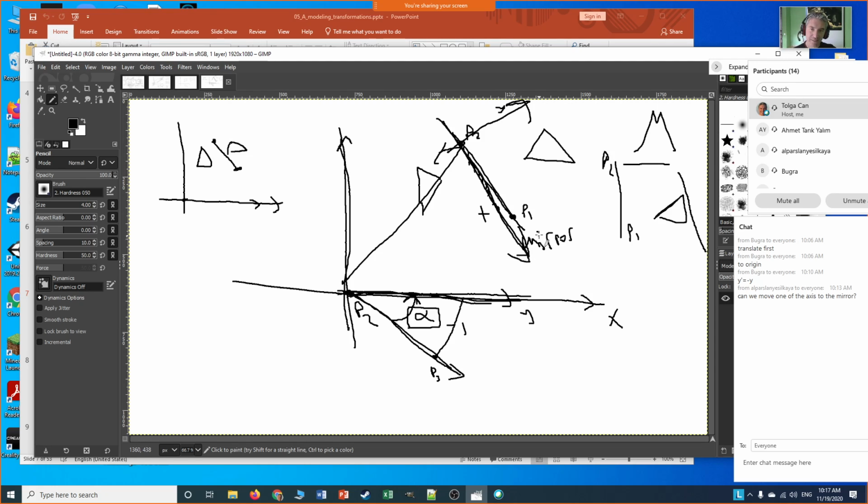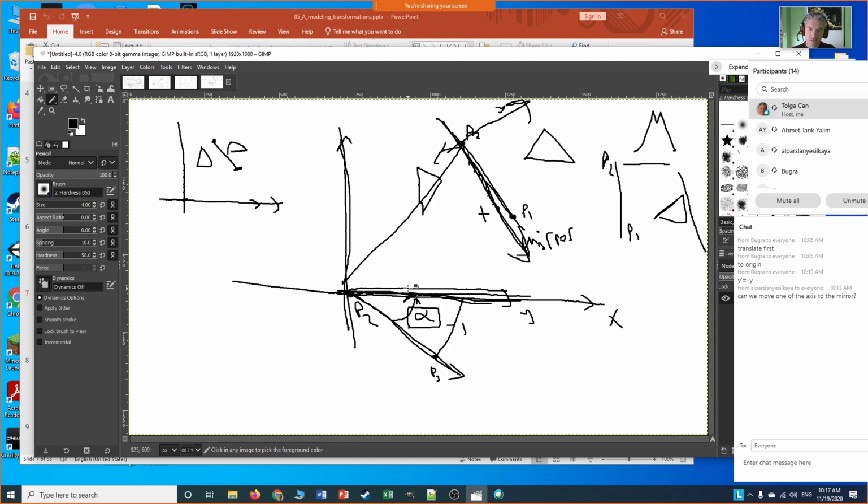But the main idea is this. If you want to reflect around something arbitrary, the first transformation you do is make this arbitrary thing something standard. Let's get rid of the arbitrariness of this mirror. It would be really nice if the mirror was the x-axis itself, right?